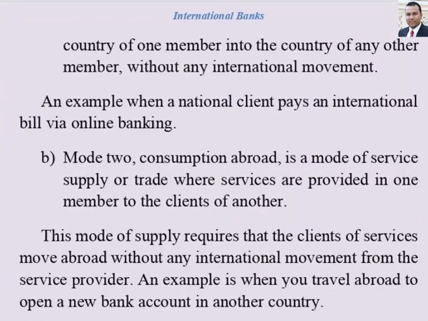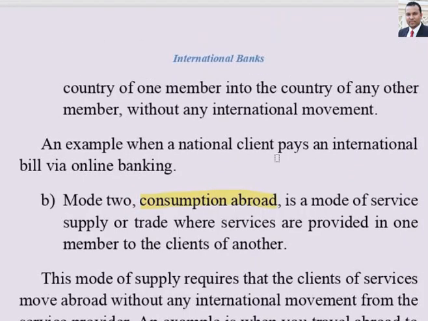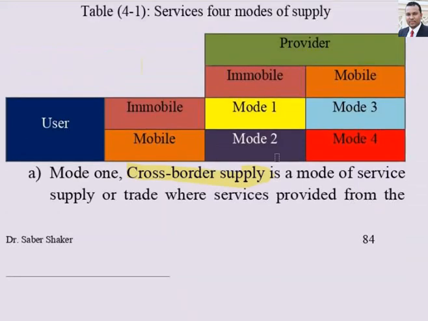Consumption abroad: the user travels or moves to consume this service. Give me an example related to banking. When you are Egyptian and live in Egypt, you travel to the USA to request a loan or make a deposit in Bank of America. In this case, you travel.